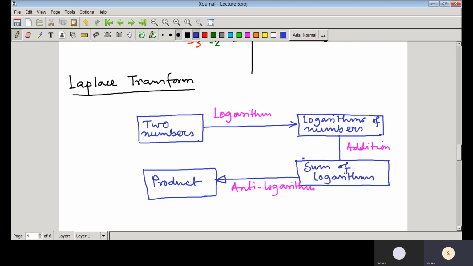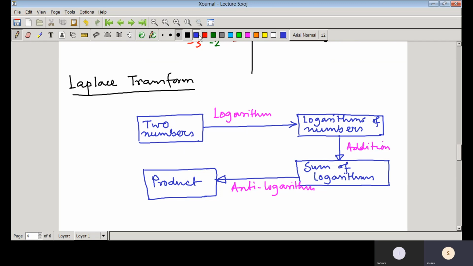So from this particular example, you can understand what we do in case of two simple numbers. If we take that product, first if you take the logarithm, then it comes into addition form, and if you take the anti-logarithm, then you will get that product.